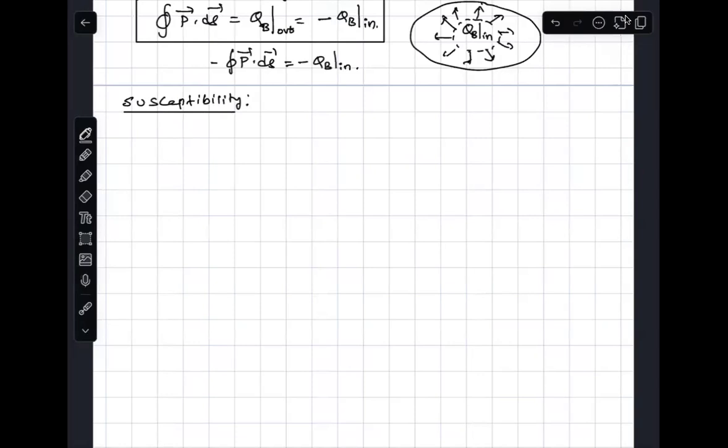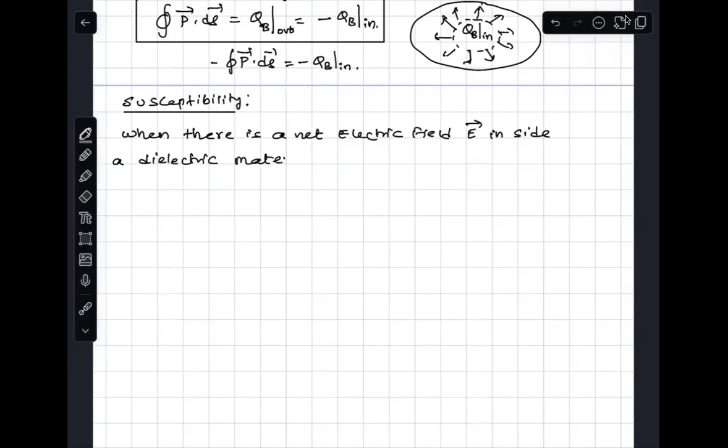Whenever there is a net electric field, E bar, inside a dielectric material, you see that it is in the state of polarization.